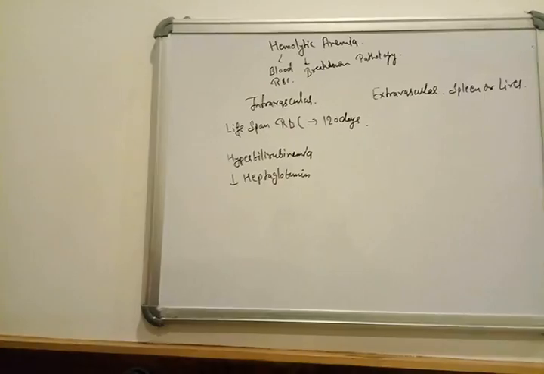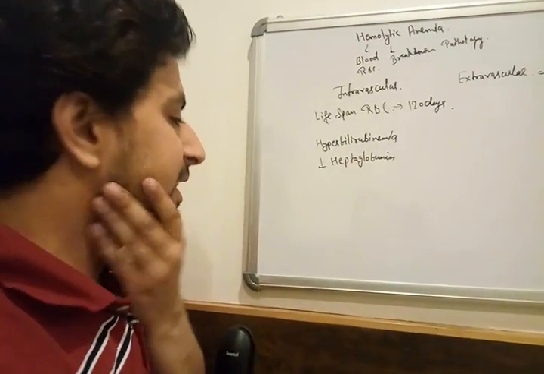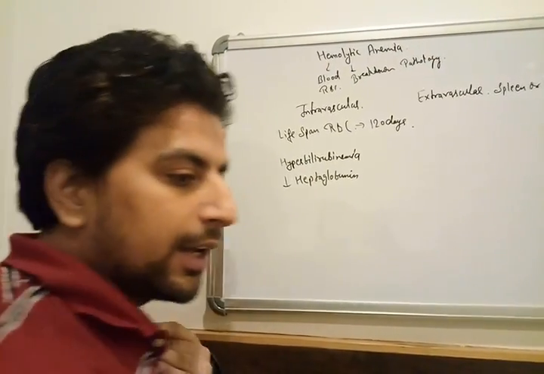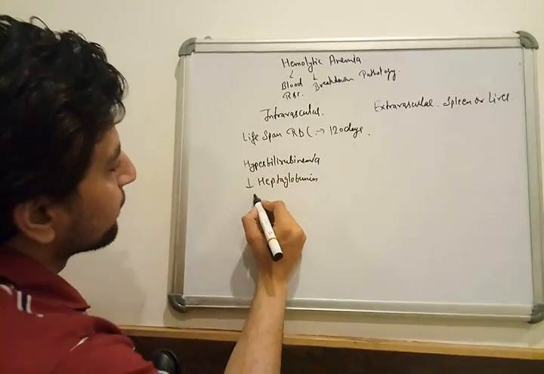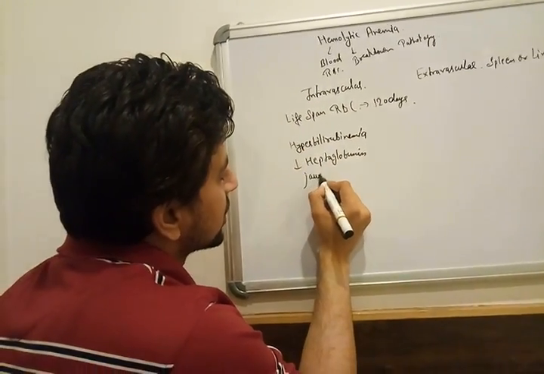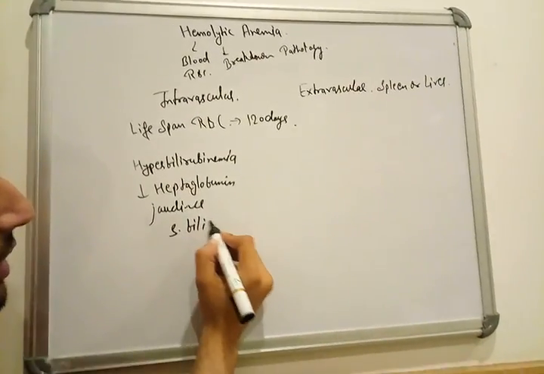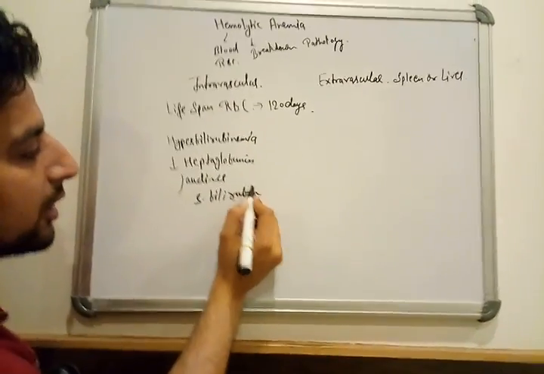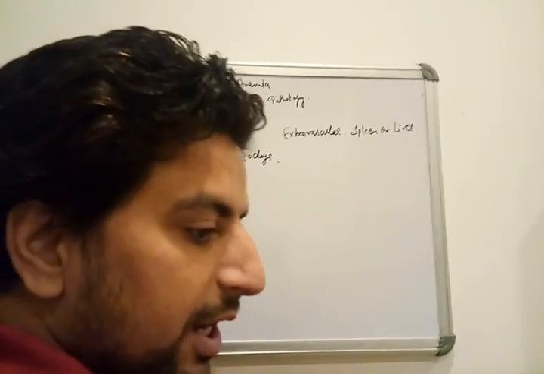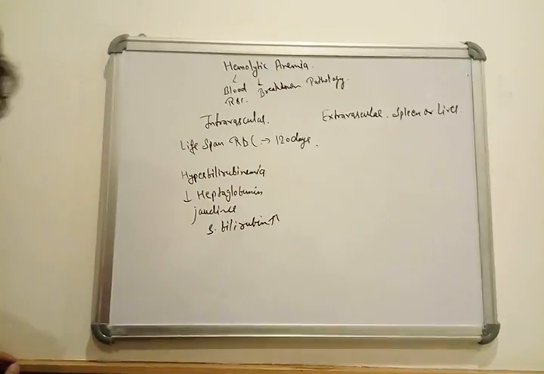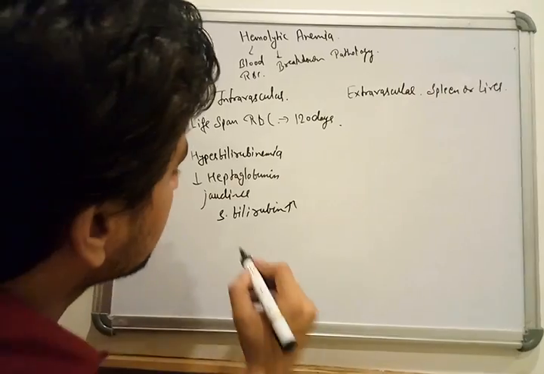Many times they ask the question what was decreased. And here we see jaundice also. Serum bilirubin increases in such cases. In all hemolytic anemias, such symptoms occur, my dear friends.